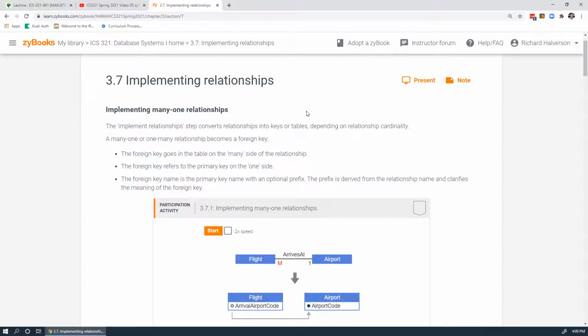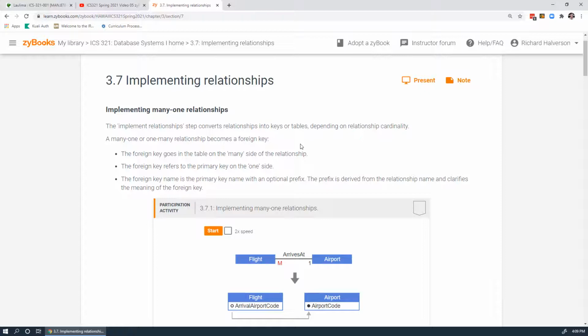If it's a many-to-one or one-to-many relationship, it becomes a foreign key. The foreign key goes in the table on the many side of the relationship.